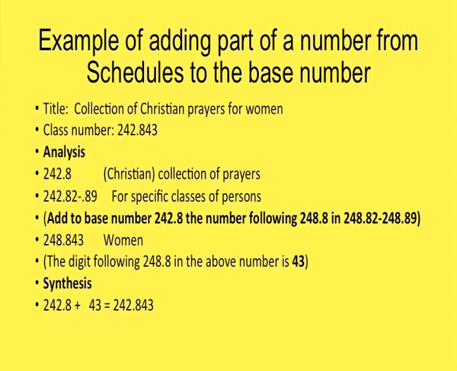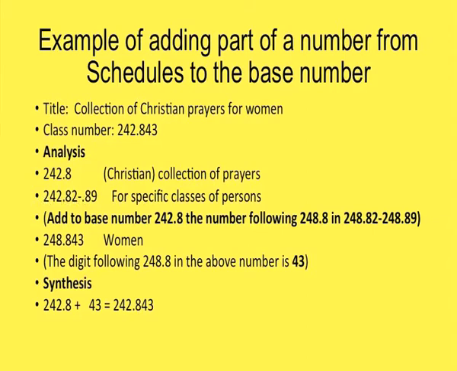And we find an instruction again to add to this base number 242.8. So, everywhere we find which is the base number. We have to be careful to add to this base number the other number as per the instruction.